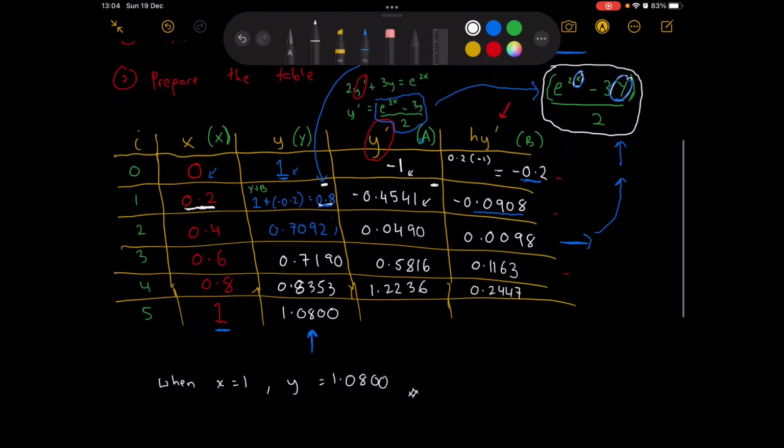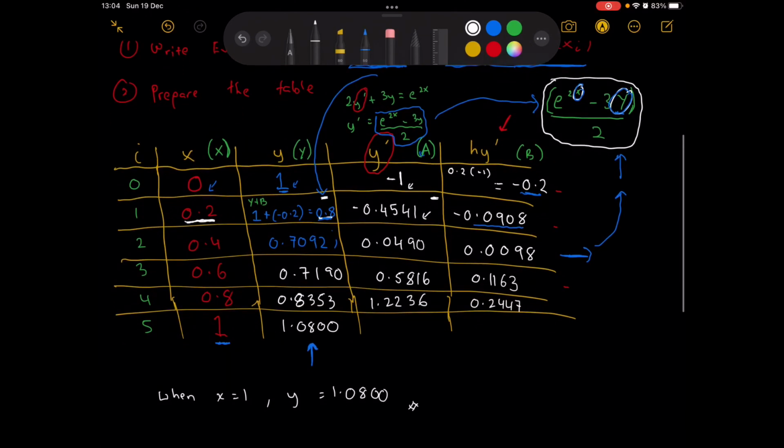This is how we solve the differential equation using Euler's method.